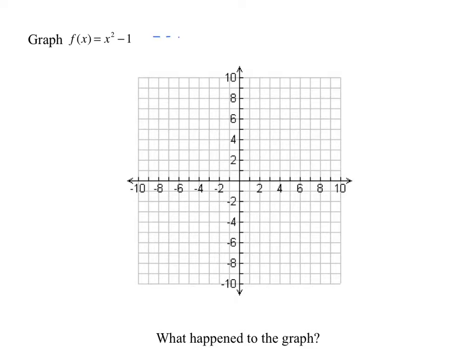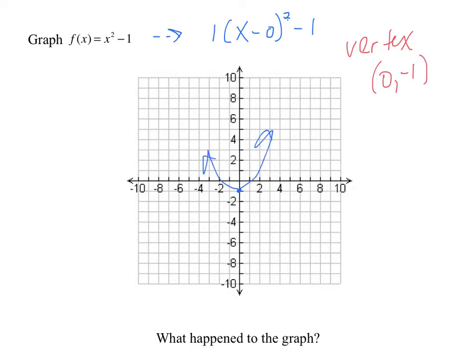Again, in vertex form here, we have 1 times x minus 0 squared minus 1. So our vertex is at 0, comma, -1, which is down here. And then from here, the parabola is going to open upward again.